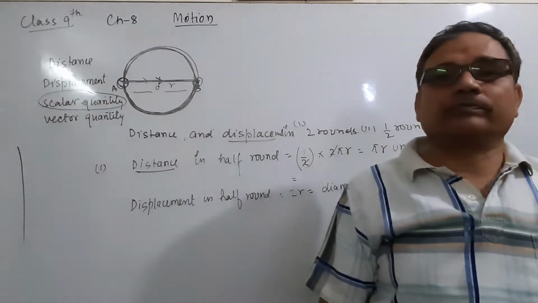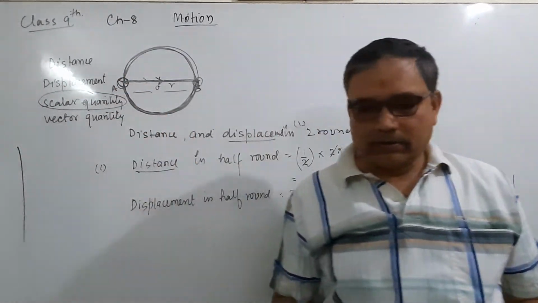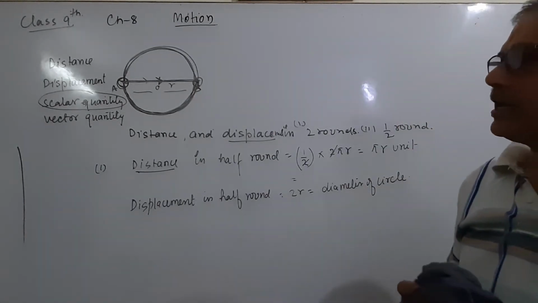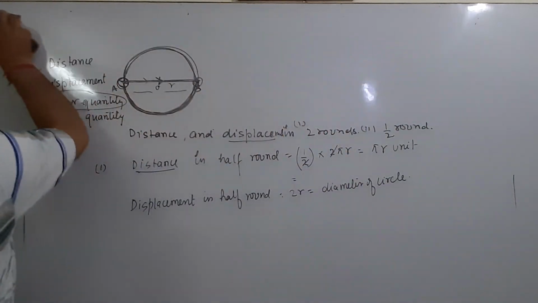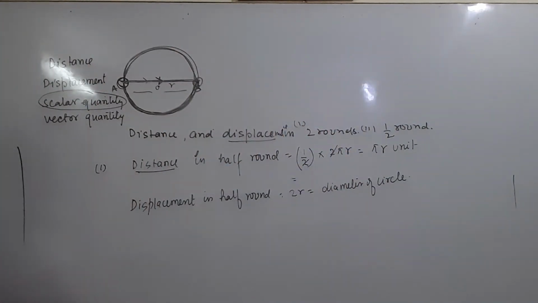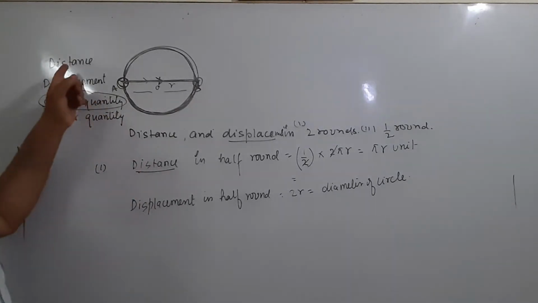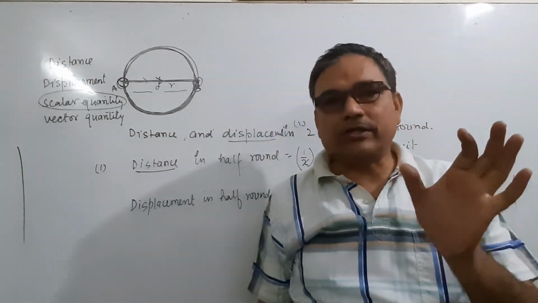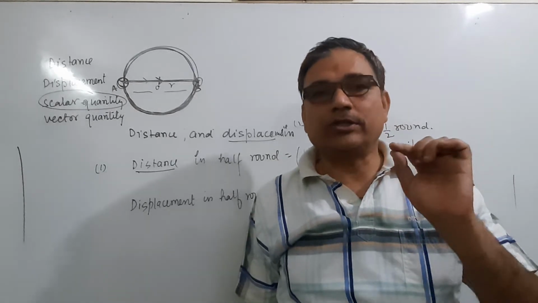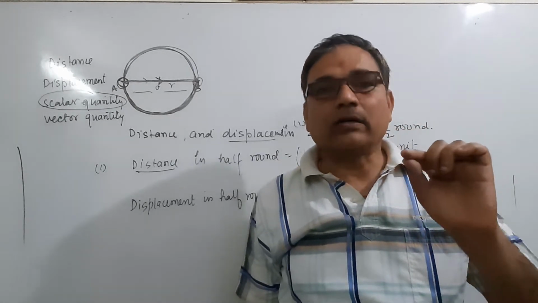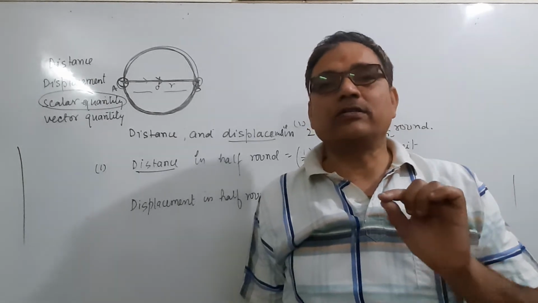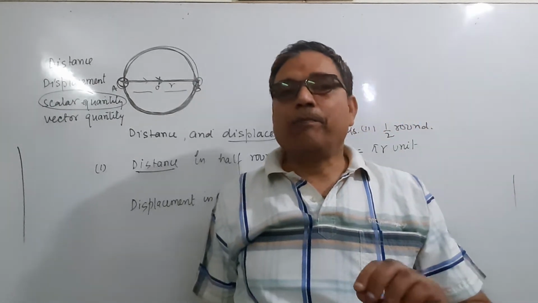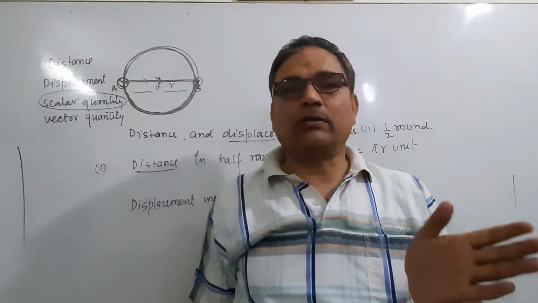What is distance now? And what is displacement? Can you explain to me? You were told in the previous class, and today I also explained: distance is the actual path covered by an object, whereas displacement is the shortest path between the initial and final position.